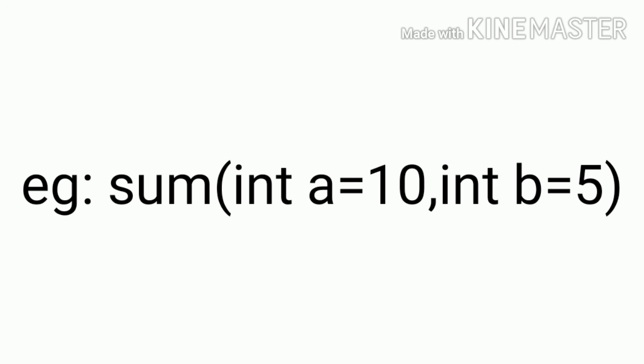Which ones are arguments? 10 and 5 are the arguments. So the values 10 and 5 are passed to a function definition. This is the difference between parameters and arguments.